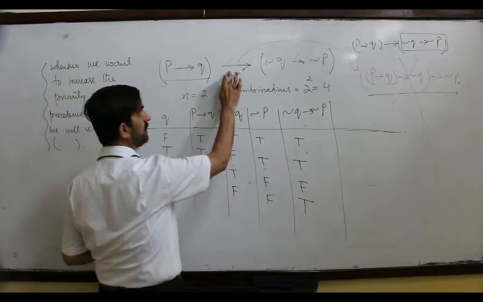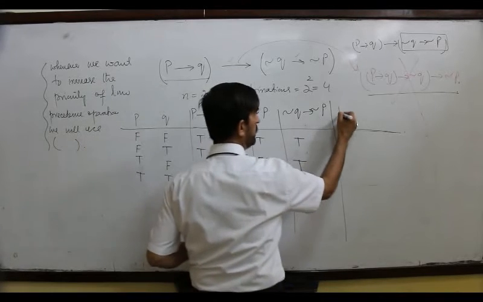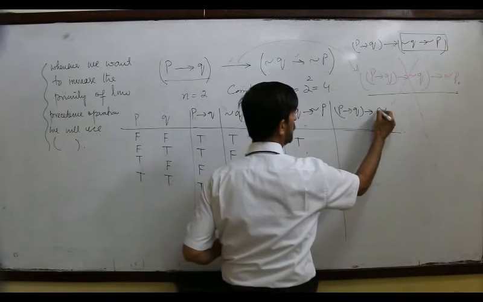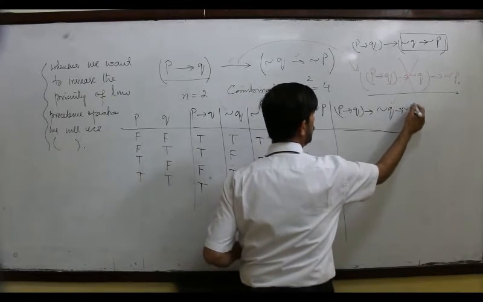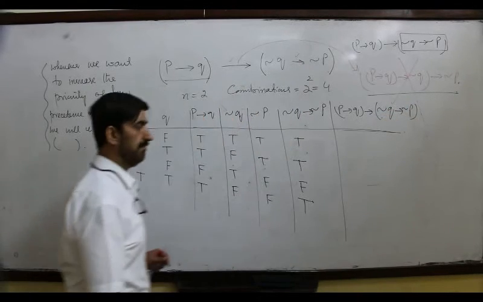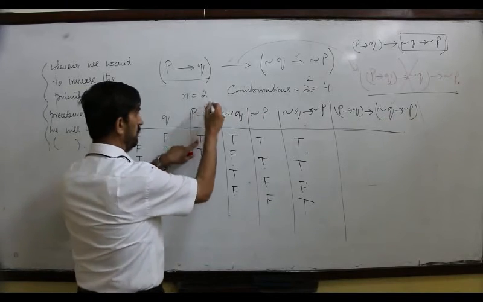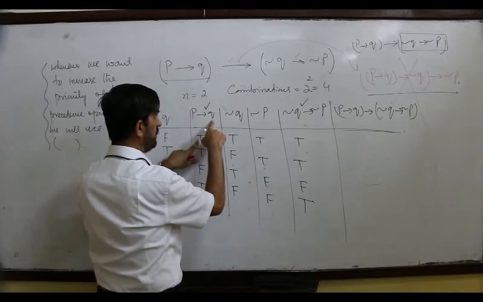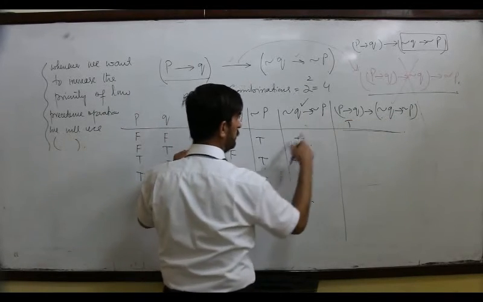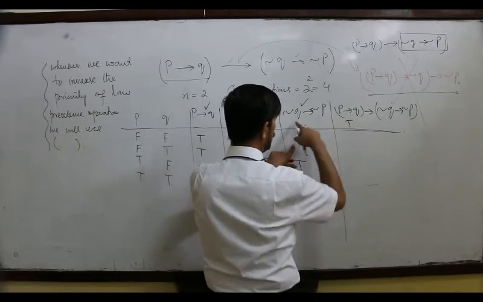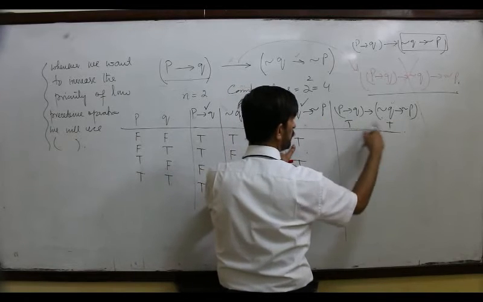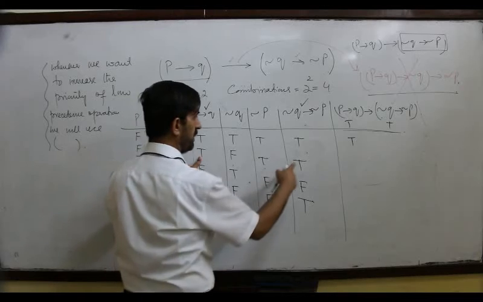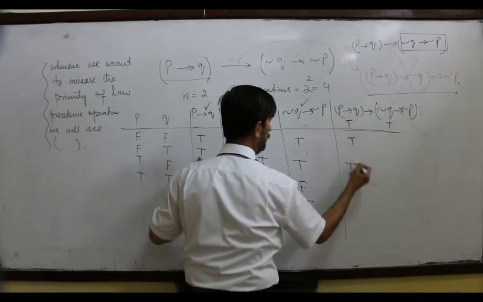And in the end you will solve this implication, P implies Q implies not Q implies not P. So we will be using these two columns. First value of P implies Q is true and the first value of not Q implies not P is also true, so it will become true implies true, true. Then true implies true, true.